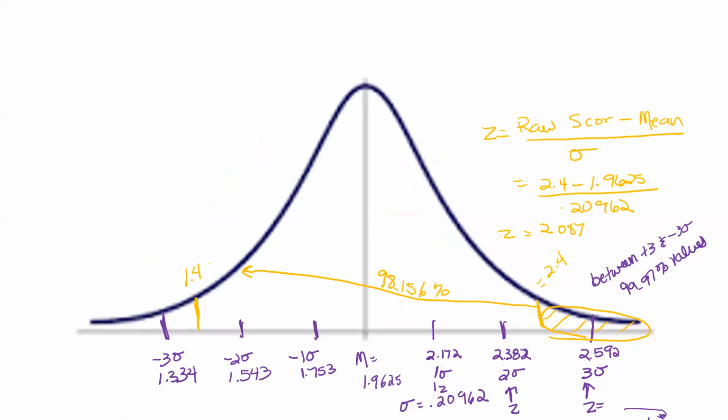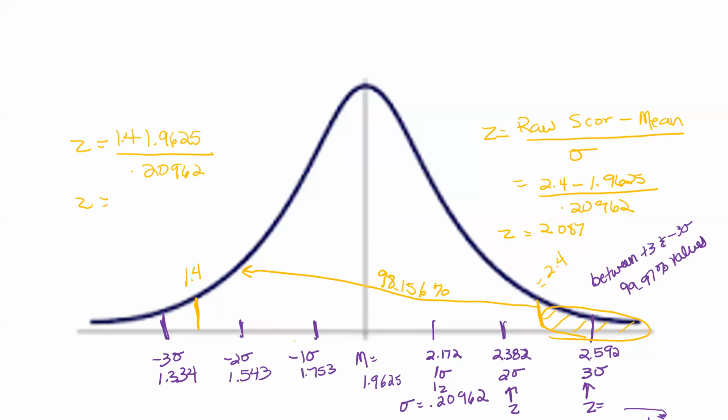So my z-score is still the raw score minus the mean. So the raw score here is 1.4 minus the mean of 1.9625, divided by the standard deviation of 0.20962. And so my z-score, getting my calculator out here, and you can do this in Excel, but I wanted you to be able to see it on the actual normal distribution.